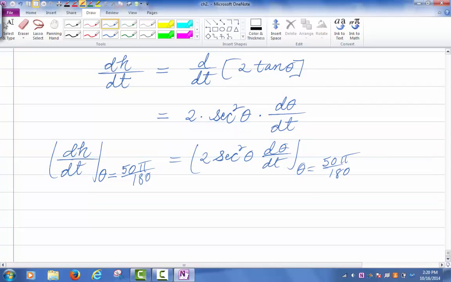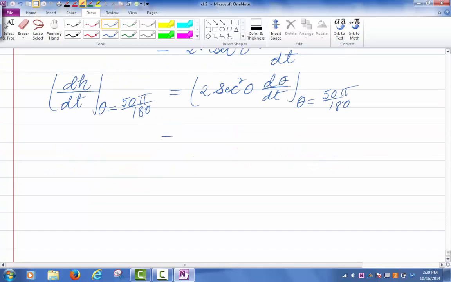Well, I just have to plug in. So this is equal to 2 times secant of 50 pi over 180, and then you have to square that, and then the rate of theta at that moment is given to be 5 degrees per second, right? And 5 degrees in radians would be 5 pi over 180.